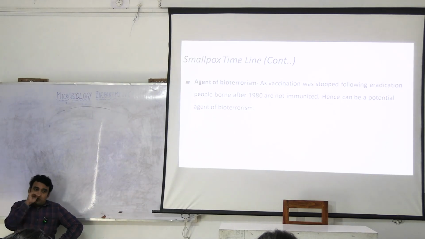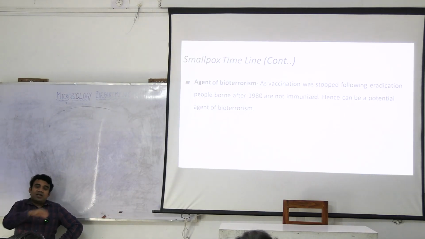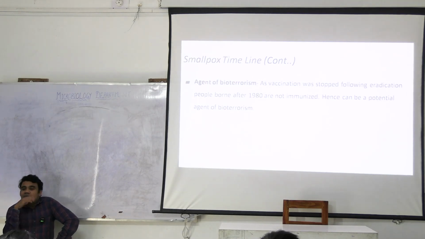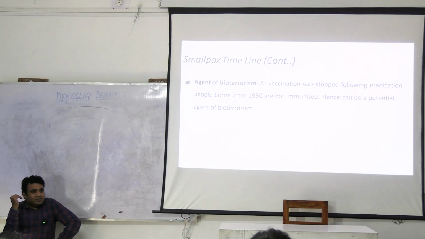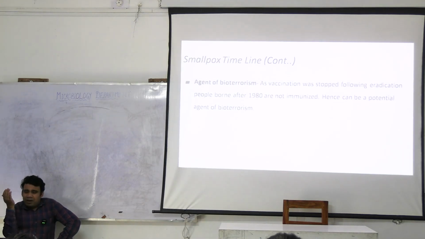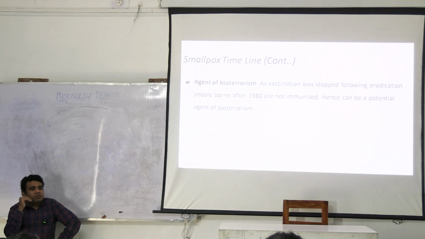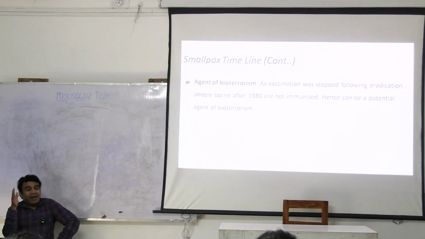As compared to the pre-eradication phase, smallpox used to happen every 4 to 5 years. The people who survived every epidemic were immune throughout their lifetime. So prior to eradication, a large percentage of the population were immune to smallpox.